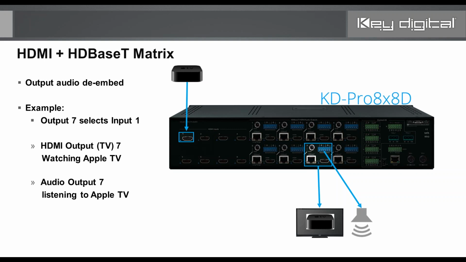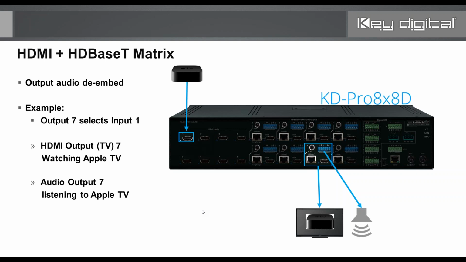And the output audio de-embed connectors are also providing the audio of that Apple TV. So it is not a mixer, and it is not a de-embed of the input. It follows the output. So keep that in mind in your design criterion.